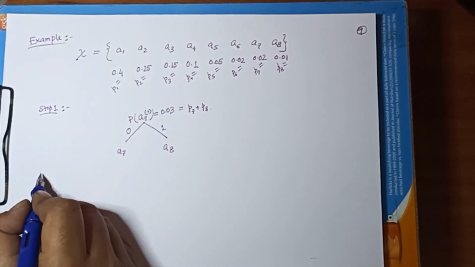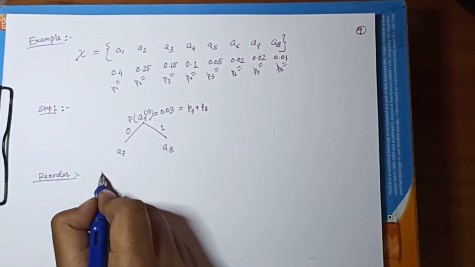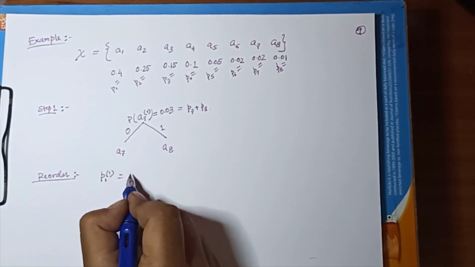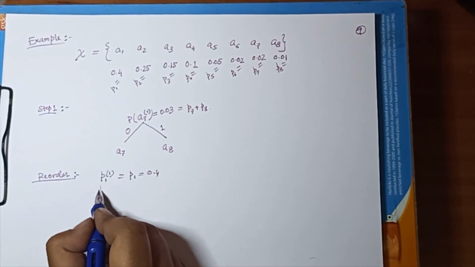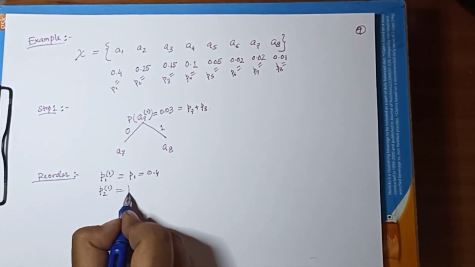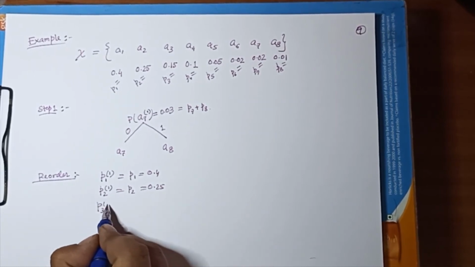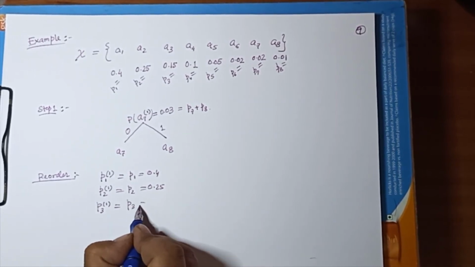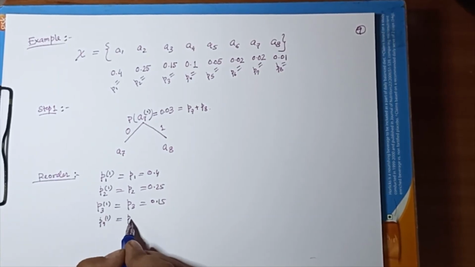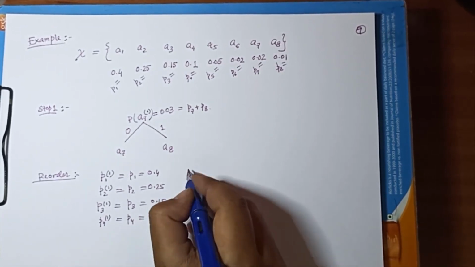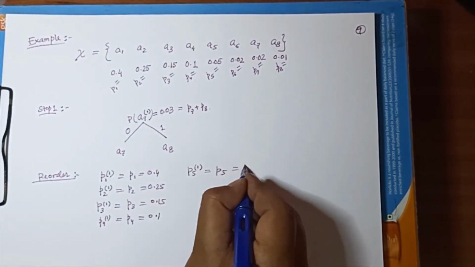So when you reorder, P11 will be P1, same, 0.4. Then P21 will be P2, which is 0.25, same. P31 will be P3, 0.15. P41 is same, 0.1. P51 is also same, 0.05.